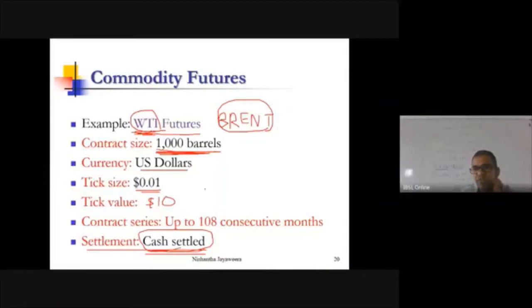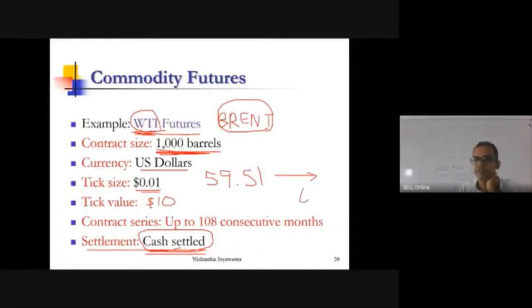But what do you do? In our example, we bought it at 59.51. If you hold it until the end of the last trading date, then you are subject to delivery.